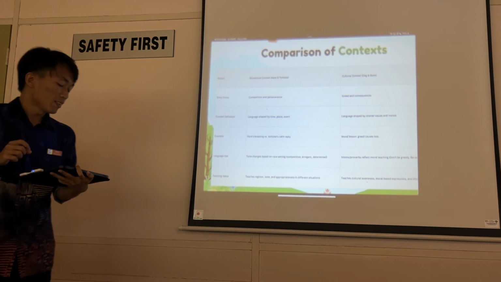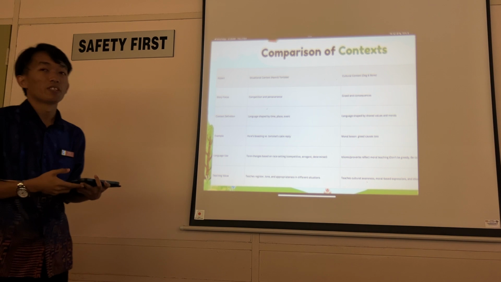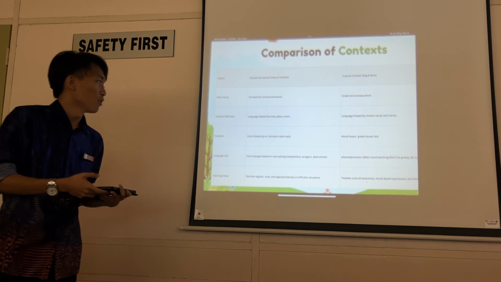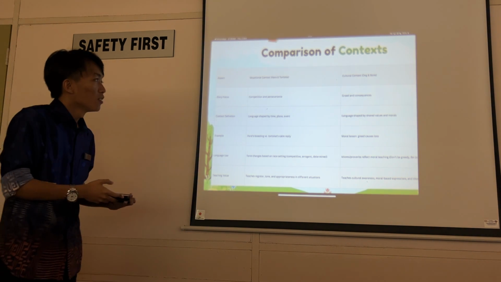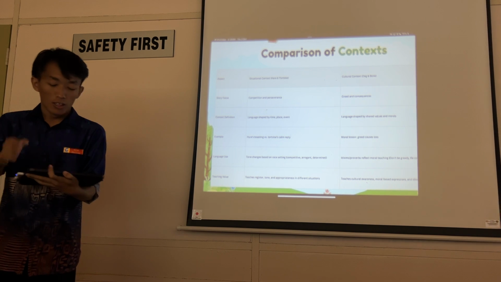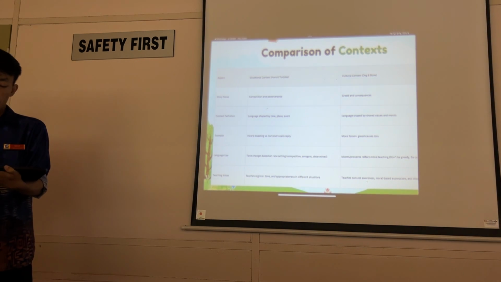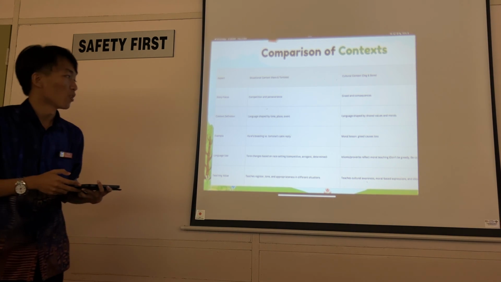And for the context definition, for the hare and the tortoise, it is a situational context. It is about language shaped by time, place, and event. For the second story, the dog and the bone, it is about cultural context, which is language shaped by shared values and morals.